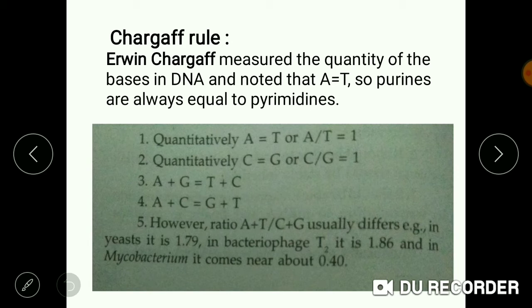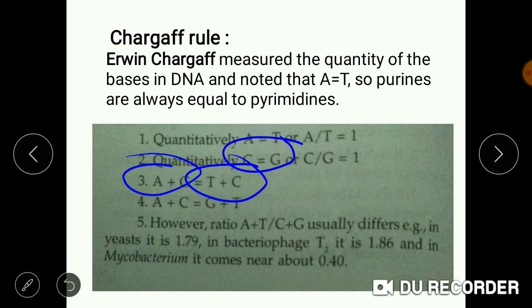So he found that quantitatively adenine is equal to thymine, and cytosine is equal to guanine, or we can also write it as adenine plus guanine is equal to thymine plus cytosine, or adenine plus cytosine is equal to guanine plus thymine.